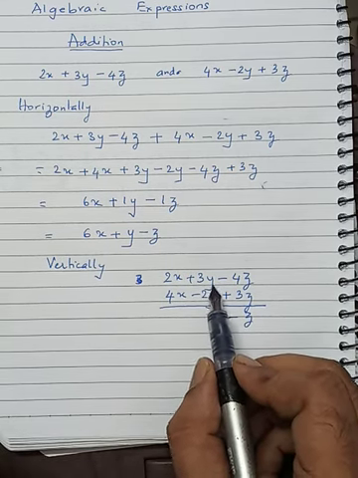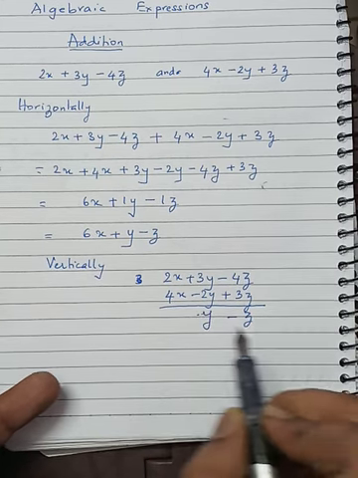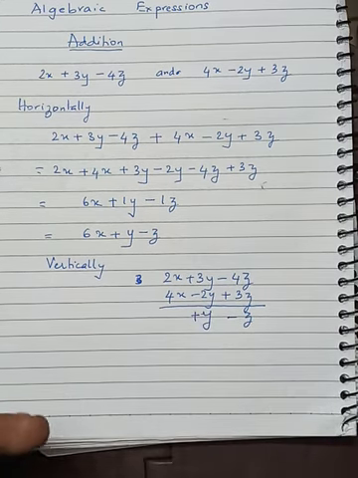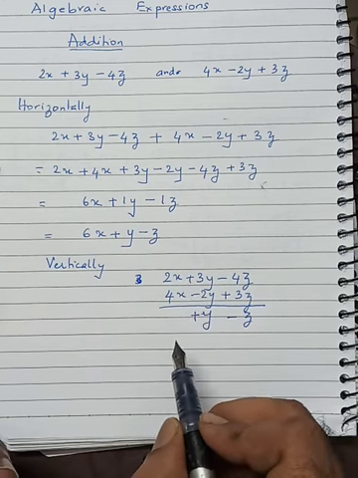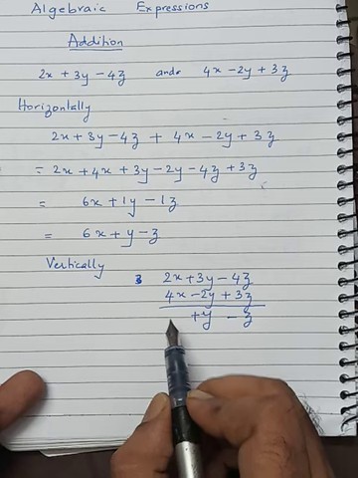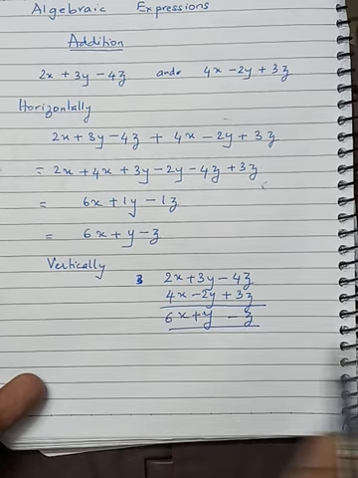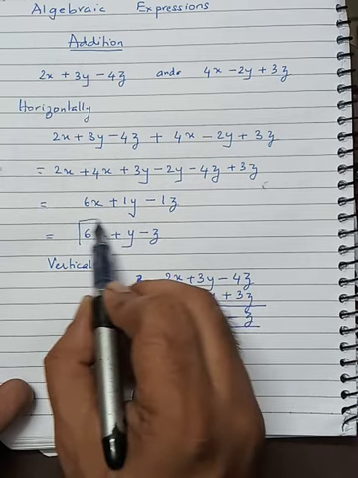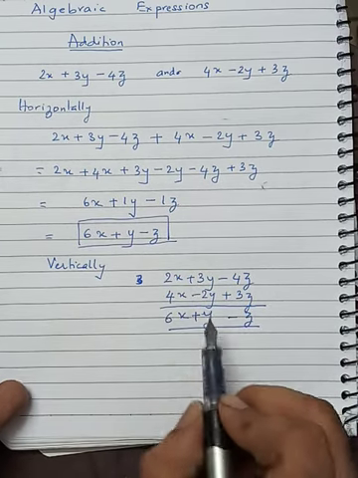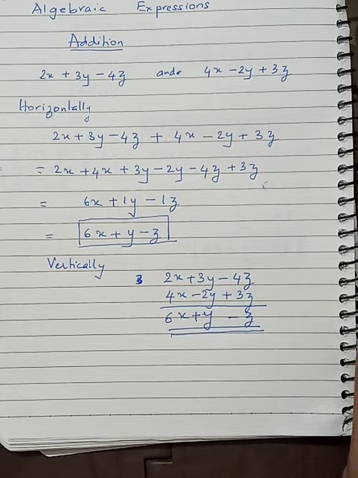Plus 3y minus 2y will again give me y, plus y because the sign of 3 is greater. 2x and 4x will give me 6x. My answer is still the same. The answer over here and the answer over here is still the same. So you can either add vertically or you can add horizontally.